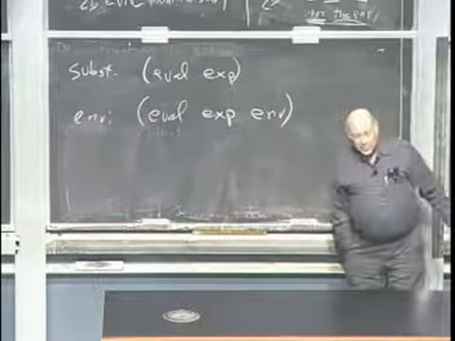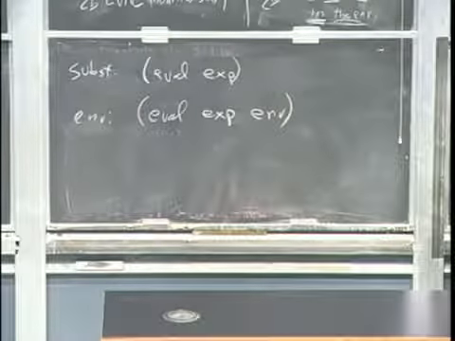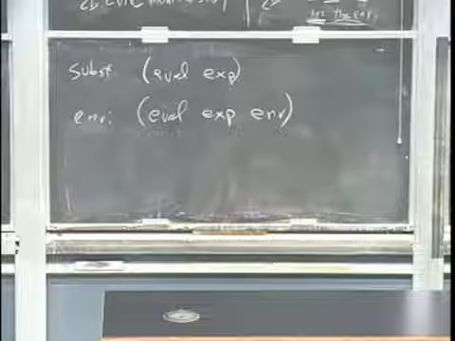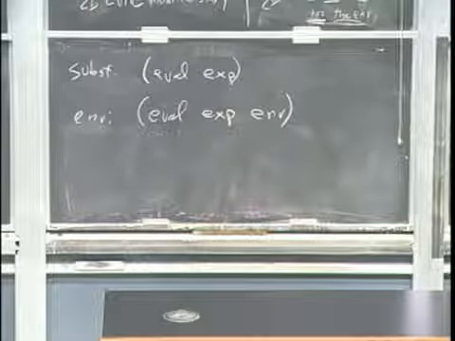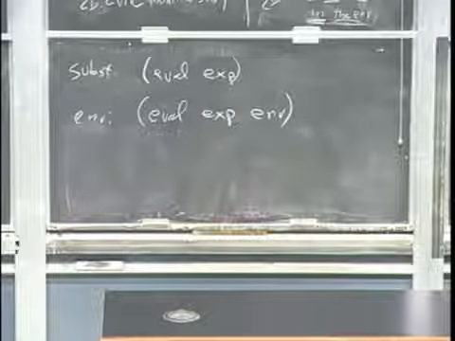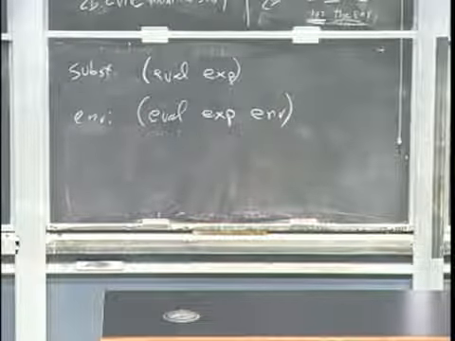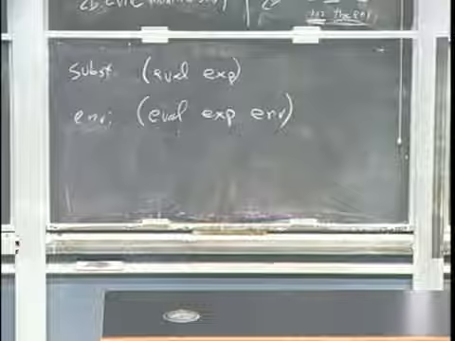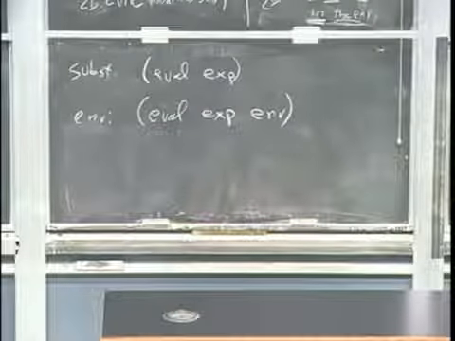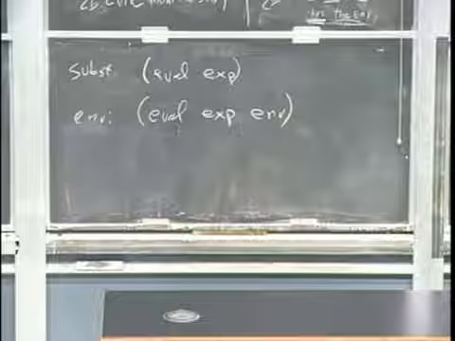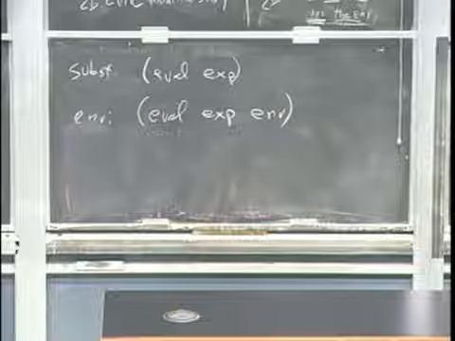Okay, so in the real Scheme interpreter, eval takes two arguments, not just one. And the second argument is an environment in which all the variables have values. Okay? And we look up variables in the environment to find out what their value is, and we also look them up in order to change the value if you do a set bang.